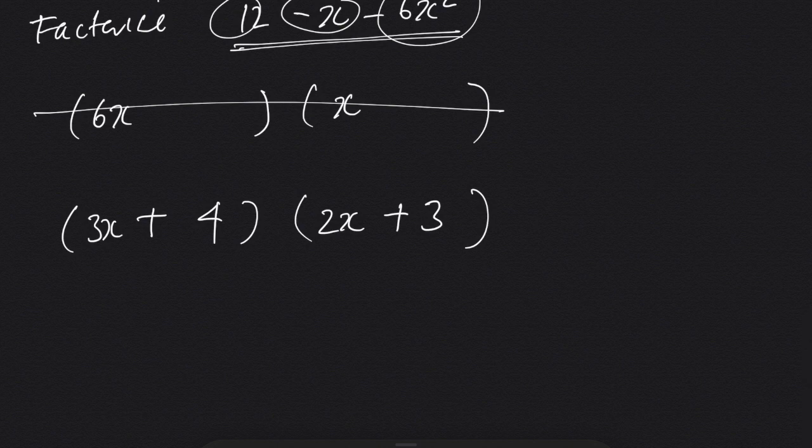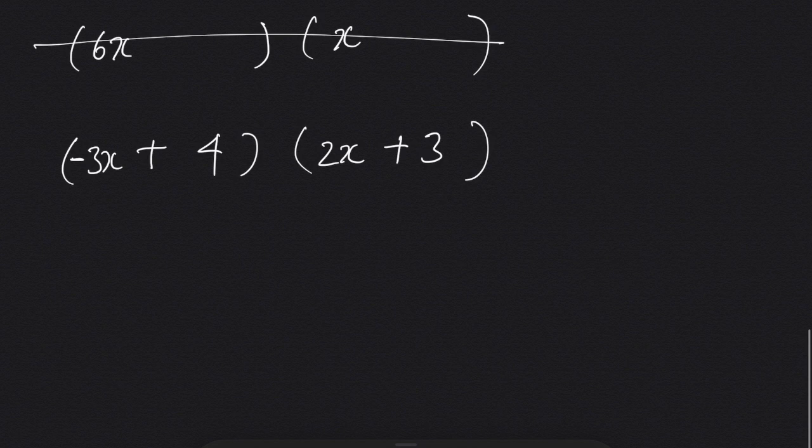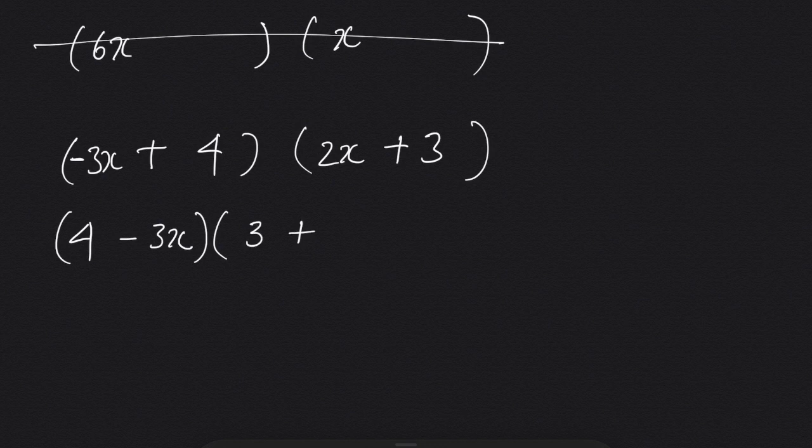So what we can see is, well, we need to get a 0 here. So this needs to be a negative. So if we rewrite this, we can say our answer would be 4 minus 3x, close brackets, open brackets, 3 plus 2x.